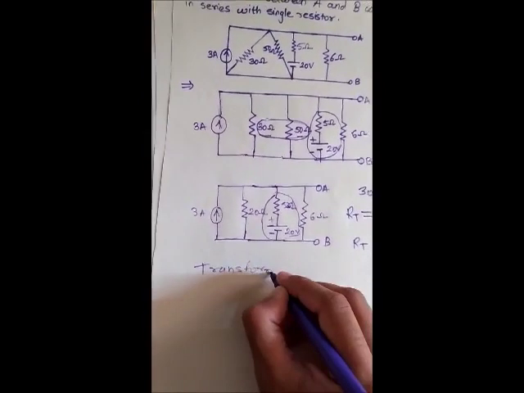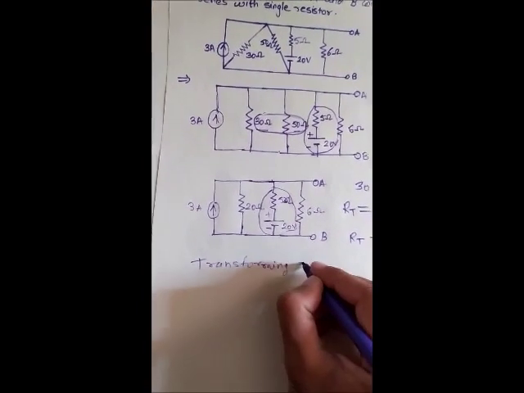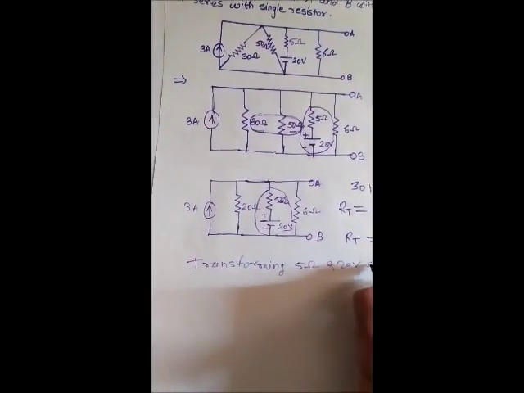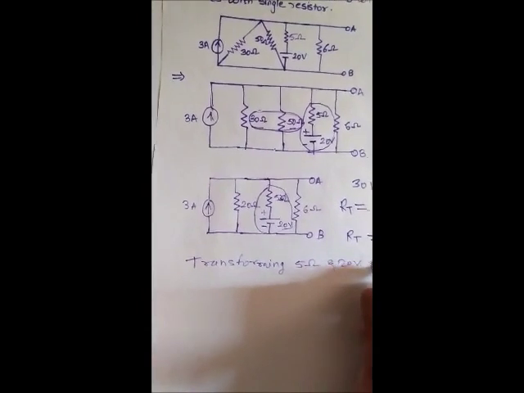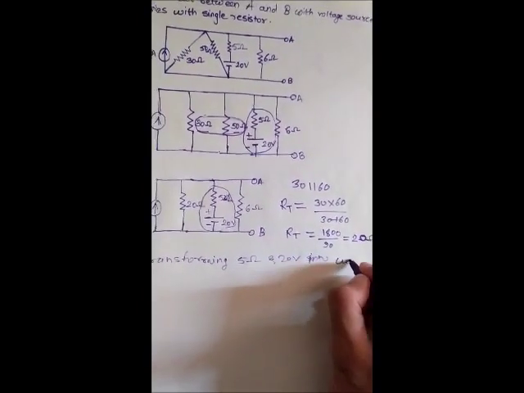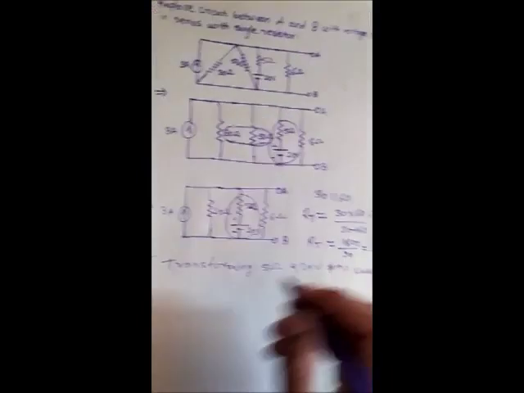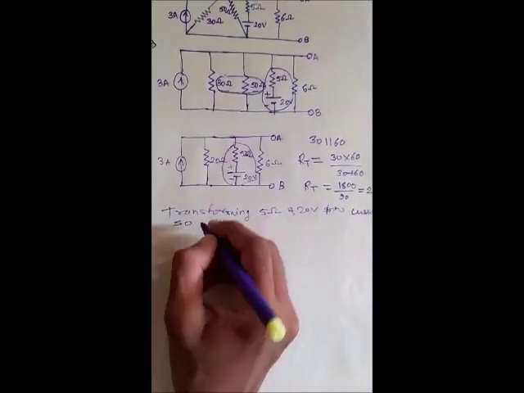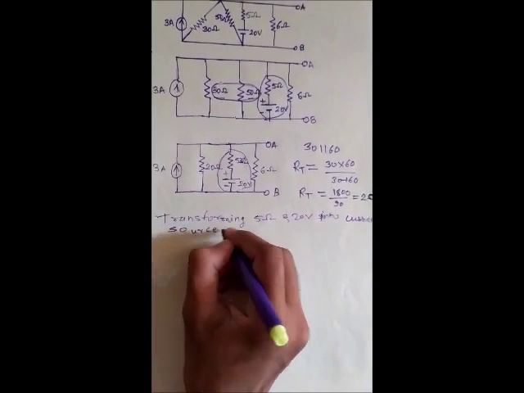So transforming the 5 ohm and 20 volt into a current source.